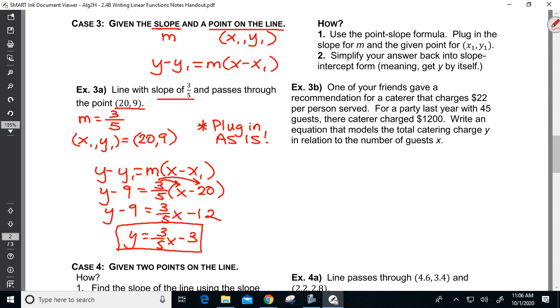But again, read the problem first, see what's in it. Now we start solving. Charges $22 per person served. $22 per person, that's a rate of change. So there's our slope.